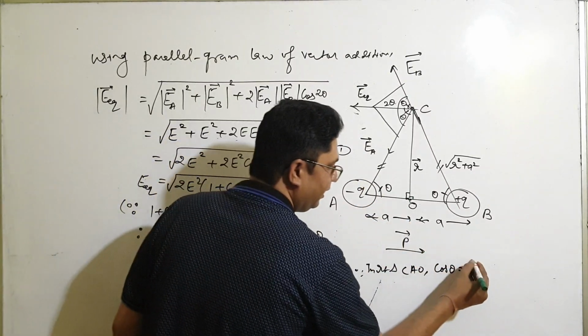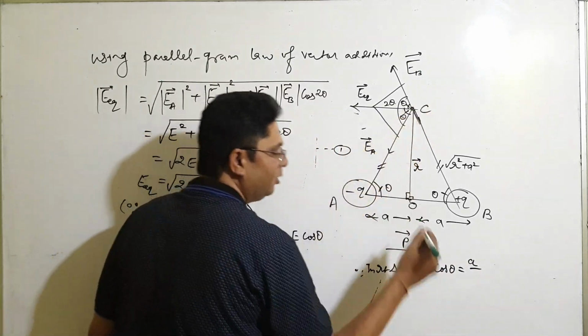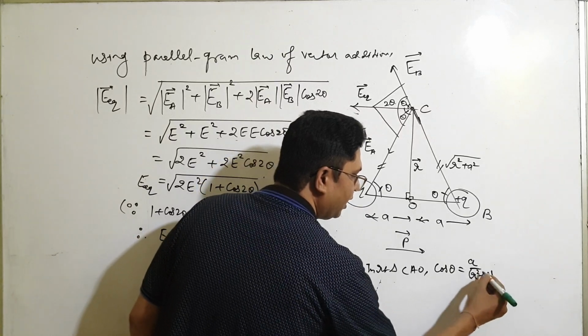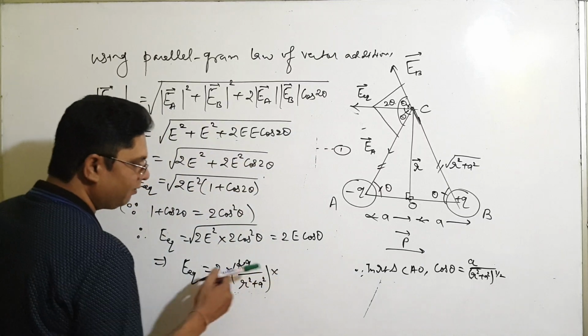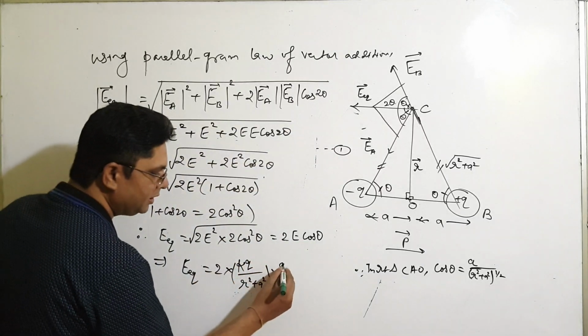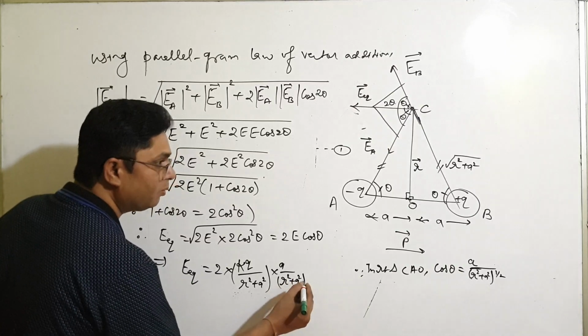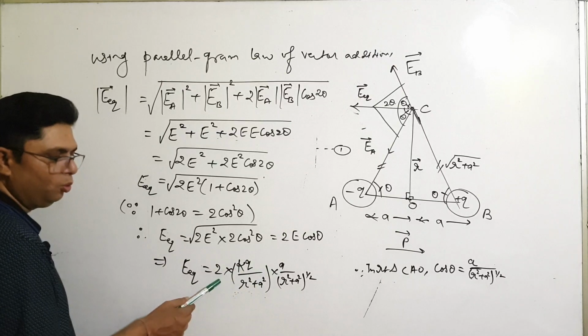So base is A, that is AO, and hypotenuse is AC. So AC is R square plus A square under root, meaning power half. So here I am writing the value of cos theta, which is A upon R square plus A square power half.